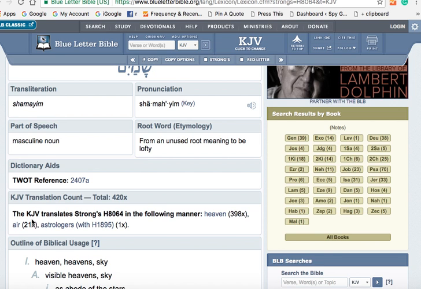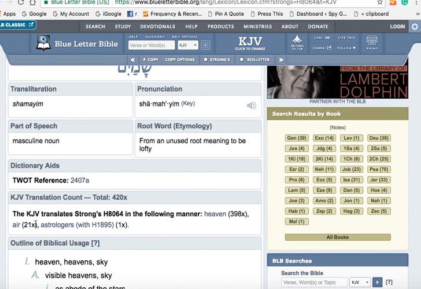A couple of lines down here, it shows the translation count. That means the number of times this Hebrew word is used as heaven. The total count is 420 times. Its total count for being used as heaven is 398 times.